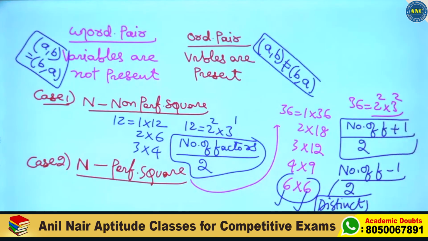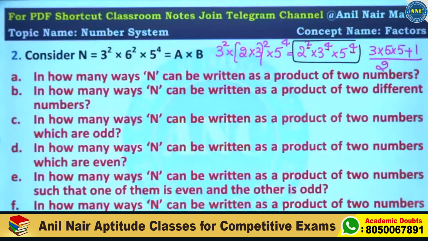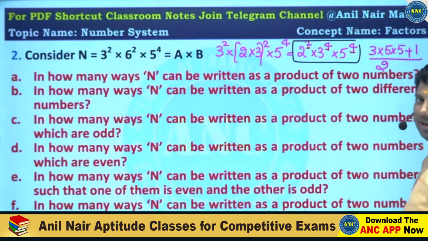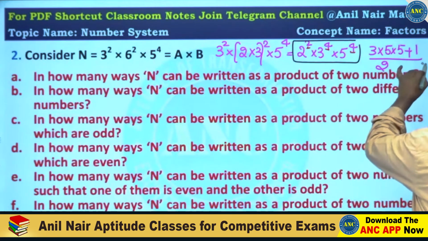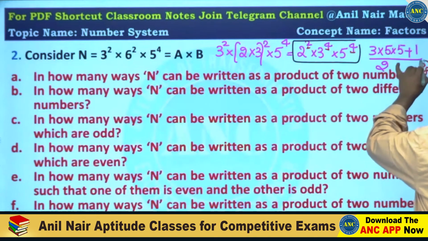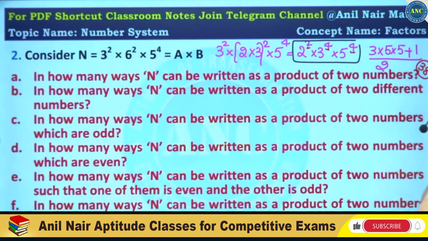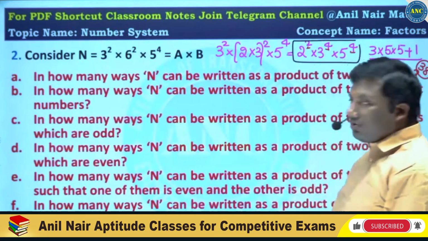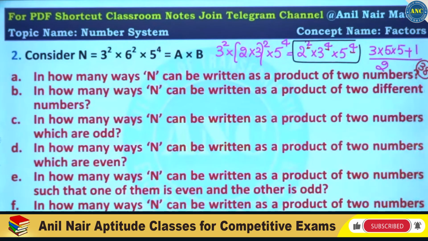Number of factors plus 1 by 2. So, first one: 5 5s are 25, 3 25s are 75. 75 plus 1, 76. 76 divided by 2. Answer is 38.